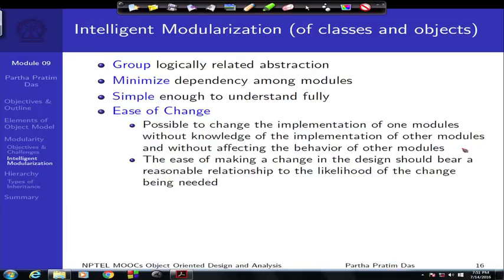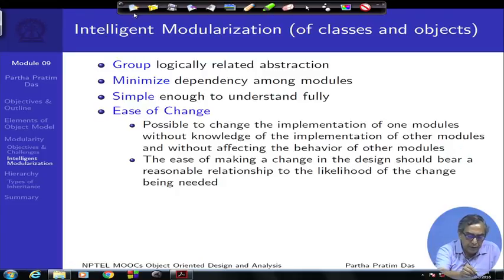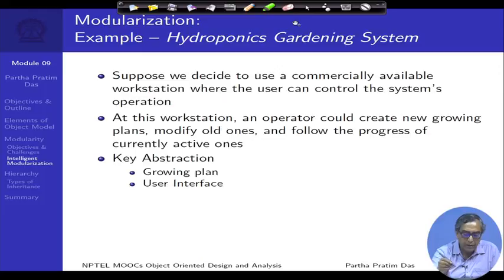So, ease of change must always be kept in mind. We should organize the modules intelligently enough so that changes in one module impact the least number of other modules. With these principles, we will regularly go ahead and look at different modules.